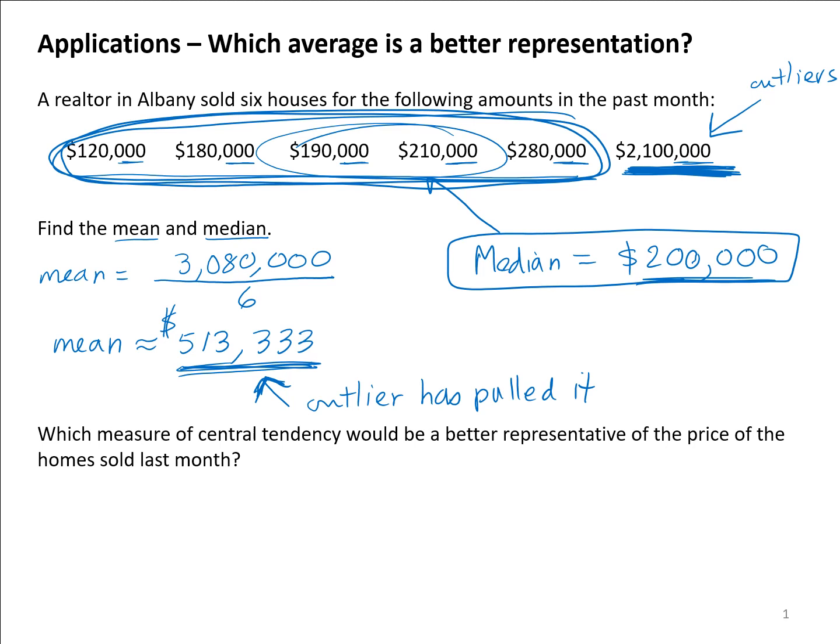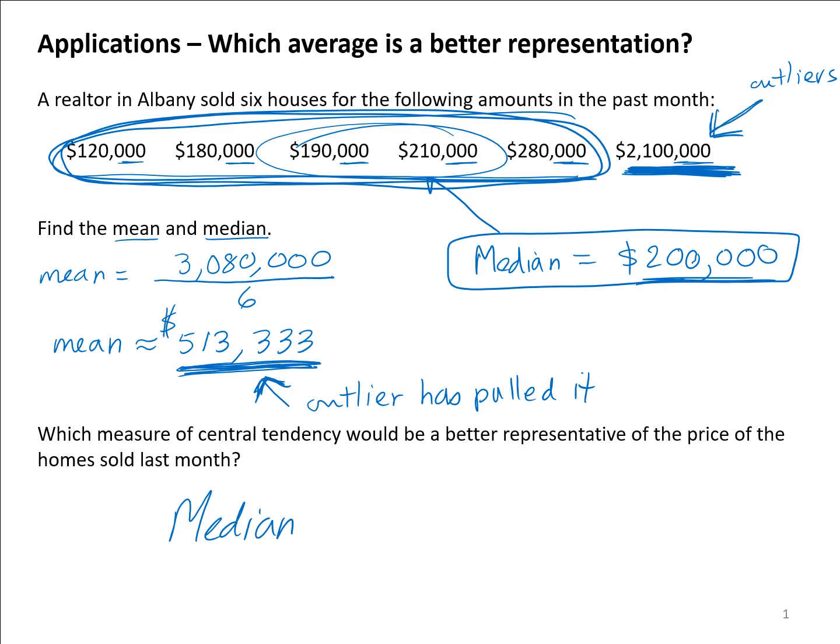And so it pulls it up and gives you a skewed image of what's typical of these homes that this realtor has sold. So the median is often a better measure of what's happening on average in a data set when you have an outlier that might skew things.